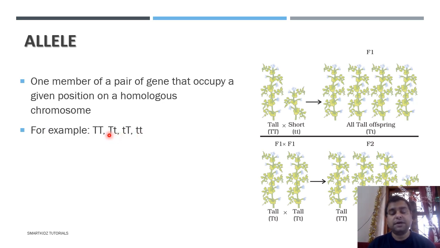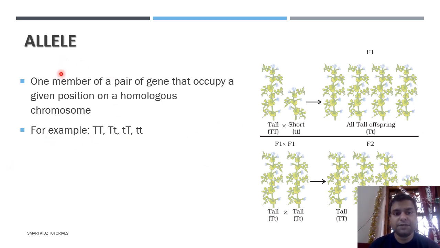Actually, capital T, small t and small t, capital T are the same, but here it is given separately to show from whom we have got the allele. There are two different plants that we have got the alleles from. We'll see the combination later on in the next few slides.